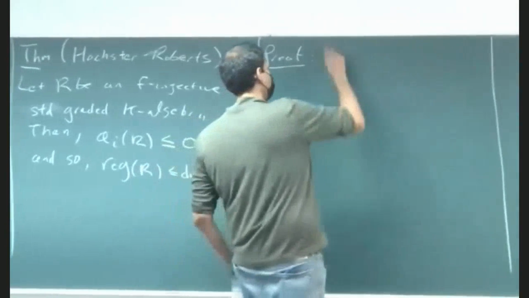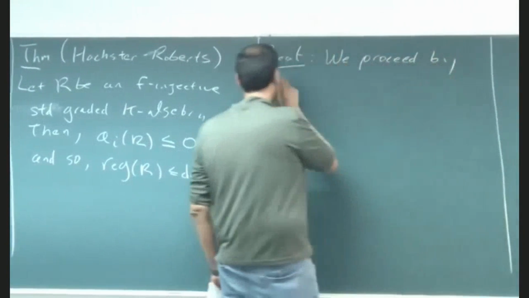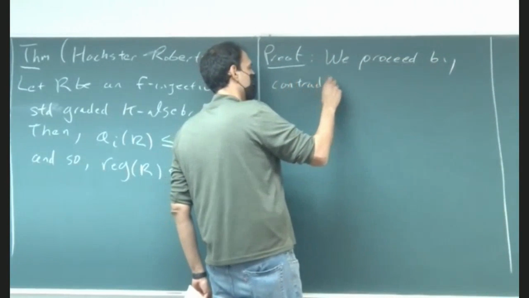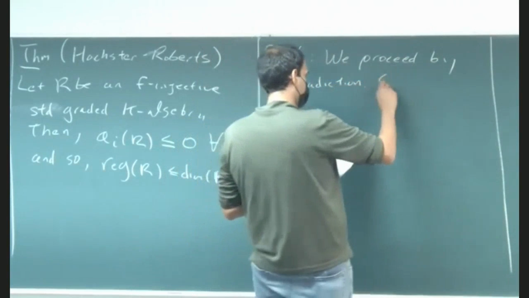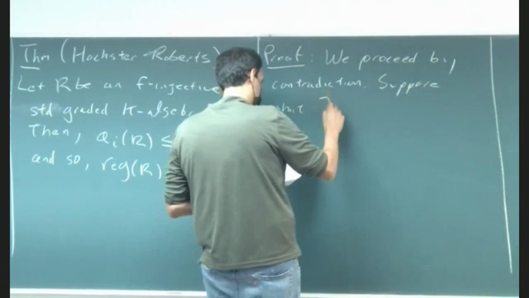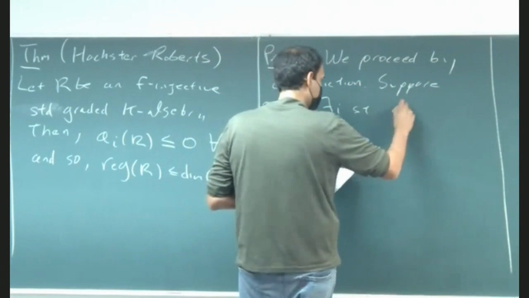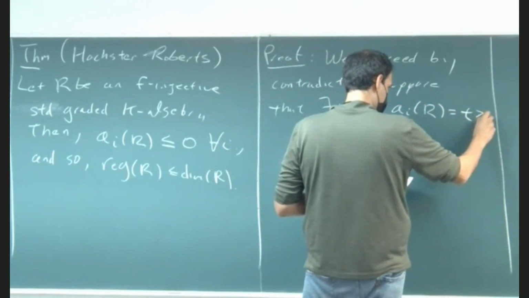So we're going to proceed by contradiction. Suppose that there exists an i such that the i-th a-invariant is equal to, let me call it t, and is positive.